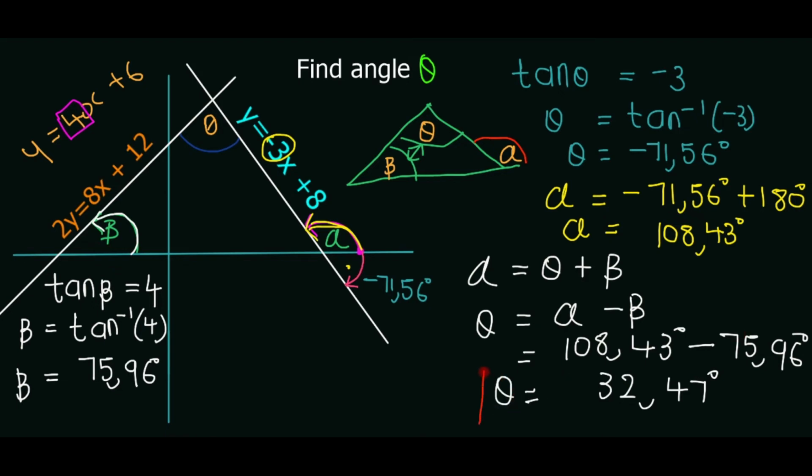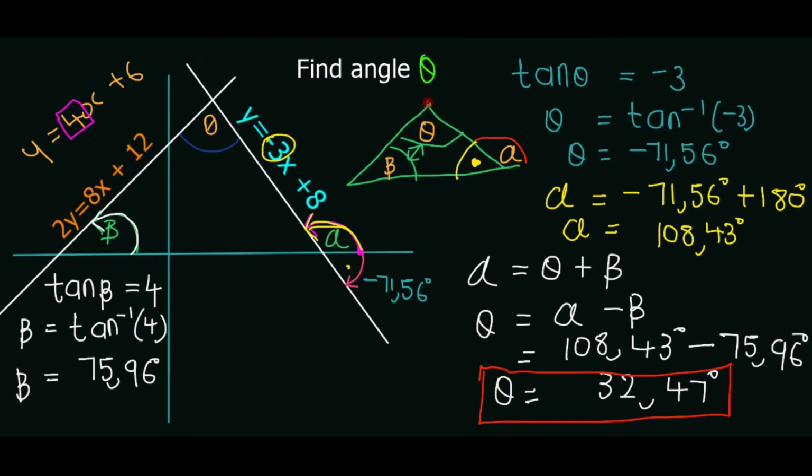You can see that we used the knowledge of angles of inclination so that we can find this angle theta. But it turns out that if you like, you can find this angle using alpha. We know that this angle and this angle alpha are adjacent angles on a line. So we know that this angle plus alpha equals 180, and then you get this angle.